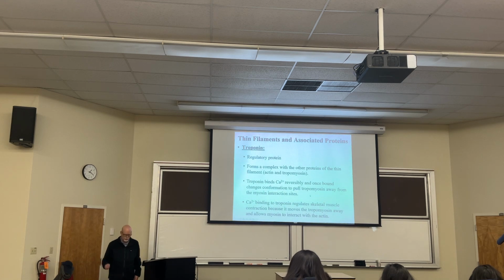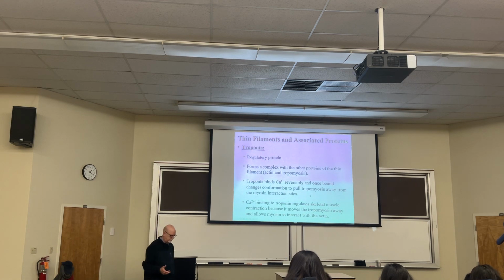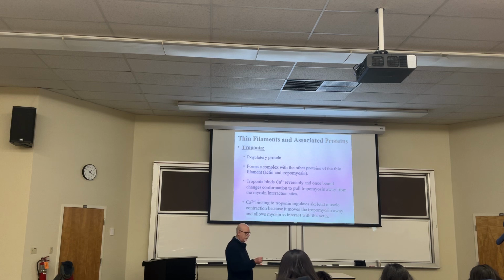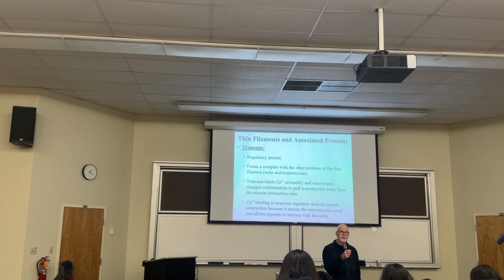On top of the actin, in the resting state, we have tropomyosin, and it lies right between the actin and the myosin cross bridges, and it's blocking the interaction of myosin and actin. Troponin sits on top of the tropomyosin, and it is also a regulatory protein. As you probably recall, troponin can bind calcium. When the intracellular calcium levels rise in the sarcoplasm, calcium binds to troponin, changing its conformation and sliding tropomyosin out of the way.